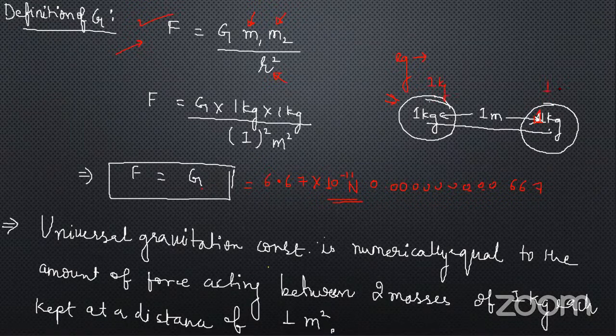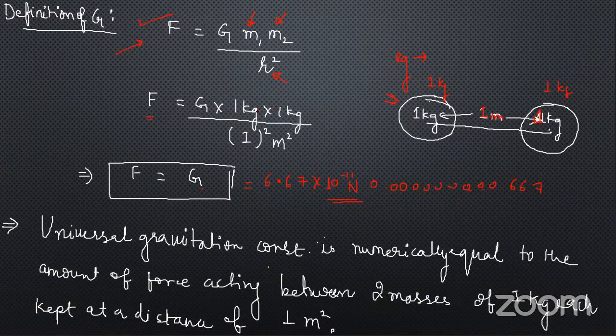This is also 1 kg, this is also 1 kg. I want you to calculate the force of gravitation between them if the distance between them is 1 meter. All these values are given, so all you are going to do is put the value of G, m1, m2 and r square, and finally you get the force.